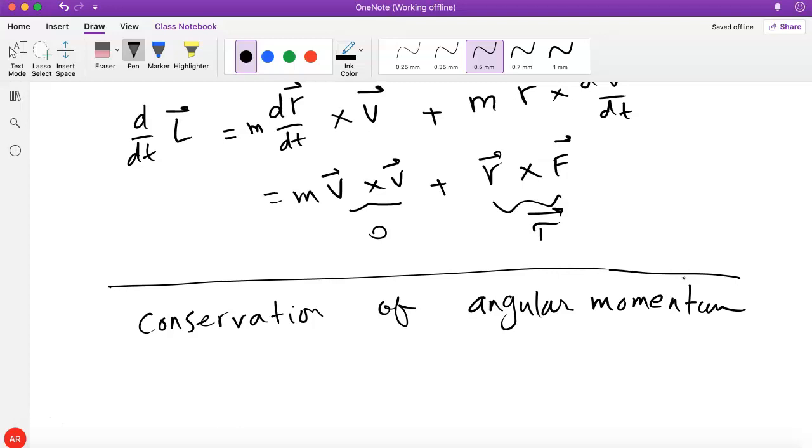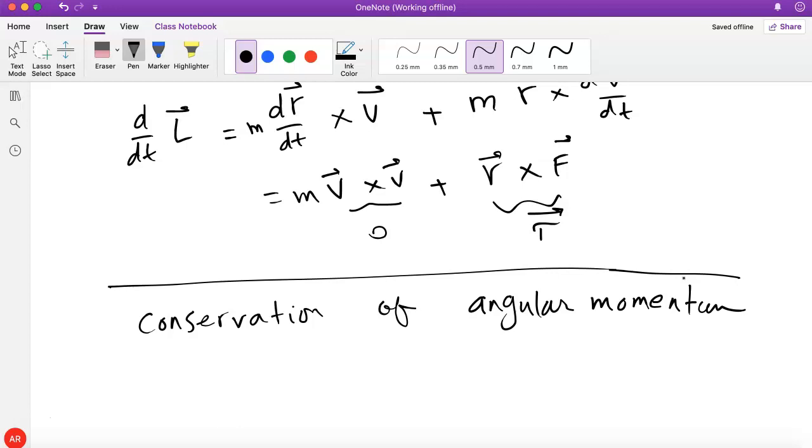The conservation of momentum said if you have a system and there is no net force acting on it, then because the net force is the rate of change of the total momentum, if the net force is 0, the rate of change of the total momentum is 0. So the net momentum does not change in the absence of net force.